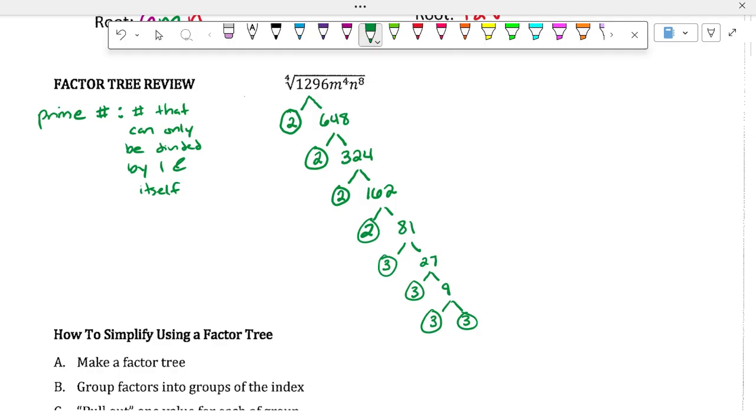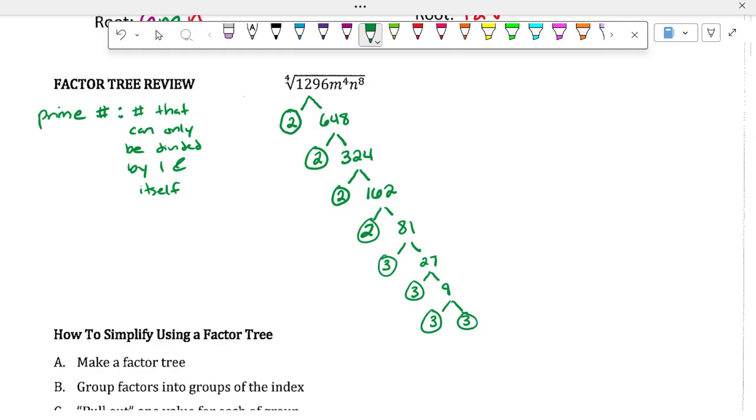So guys, if you raise something to the fourth power, what are you actually doing? Multiplying by itself 4 times. So a perfect fourth is a number that when you take the fourth root, will give you a number that's multiplied by itself 4 times.